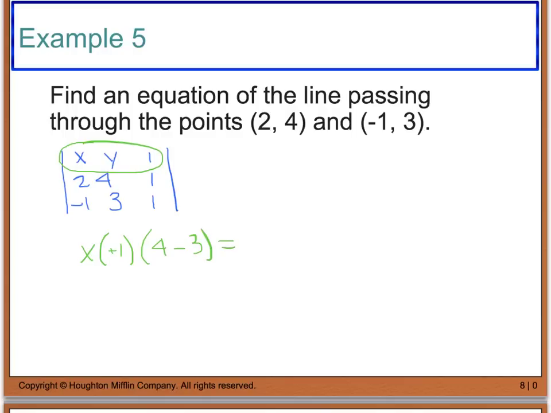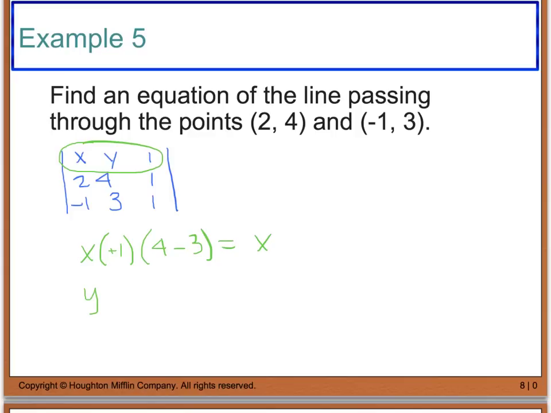So when I simplify this, 4 minus 3 is 1 times a positive, remains 1, and I'm still left with x. When I look at my second spot there, or my second coefficient, I have y.